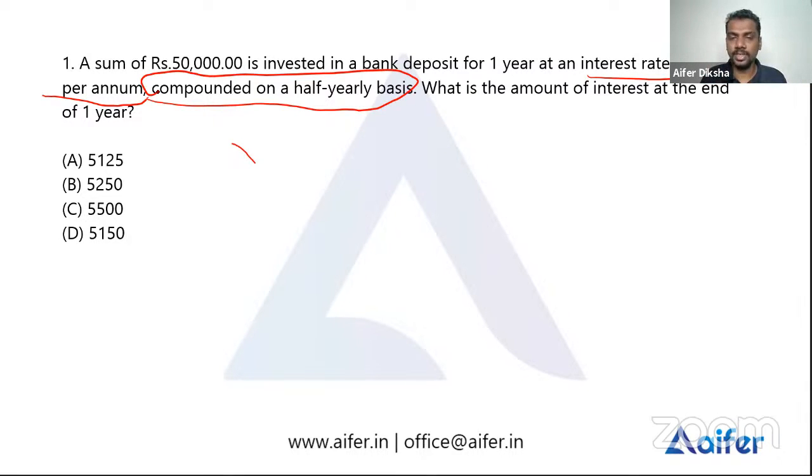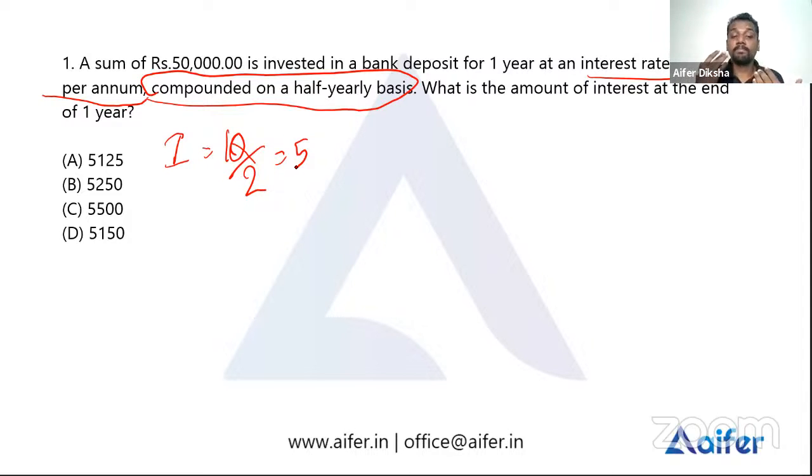So the two terms that you should be clear about are the rate of 10% per annum and compounded on a half yearly basis. Since they have given compounded on a half yearly basis, 10% per annum, in this particular question the interest will be 10 by 2, that is equal to 5.